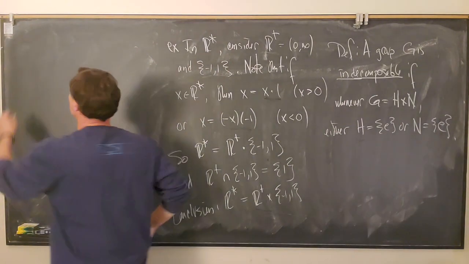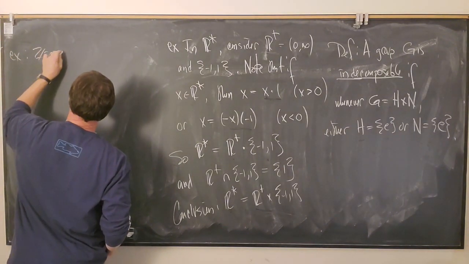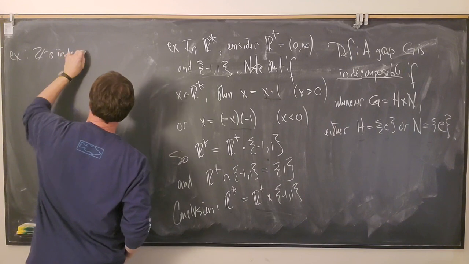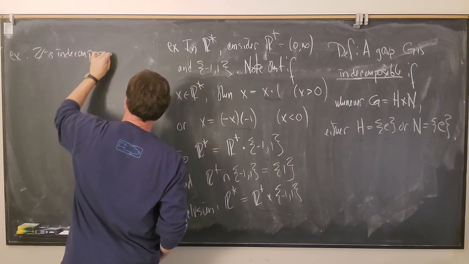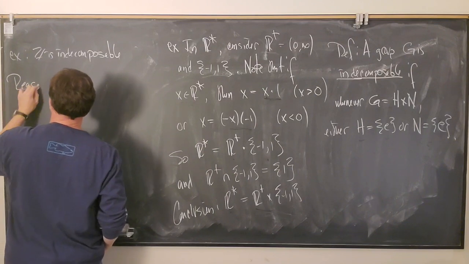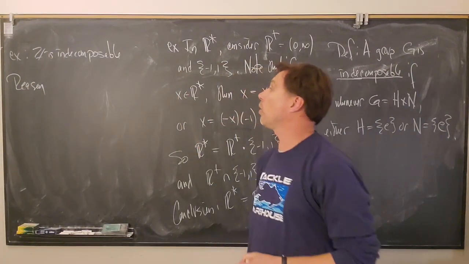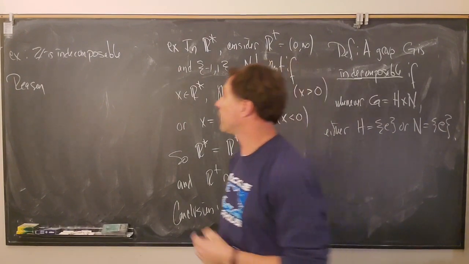So for example, Z is indecomposable. And the reason: think about who the subgroups of Z are. They are multiples of one given number.